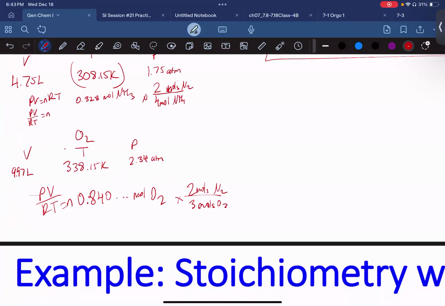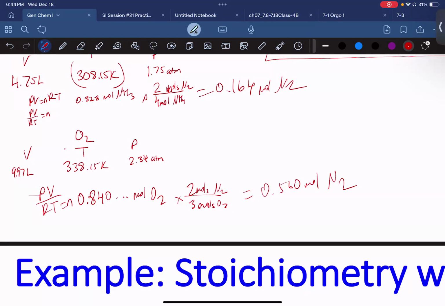Okay, so now when you put these numbers in, you get the number. So here I got 0.164 moles of N2, and then here I got 0.560 moles of N2, right?